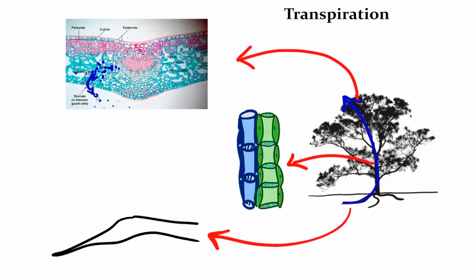Every time a water molecule leaves, it pulls another one with it, and you're going to have this chain effect all through the xylem and then eventually down through the entire plant, where each water molecule is going to pull the next water molecule up, creating this constant chain of going from bottom to top and then leaving as evaporation through the stomata.